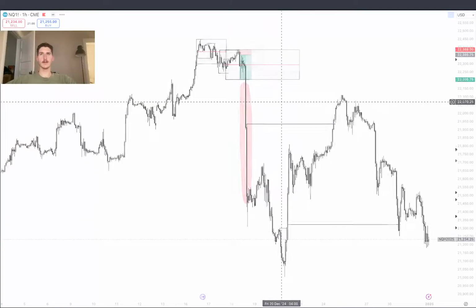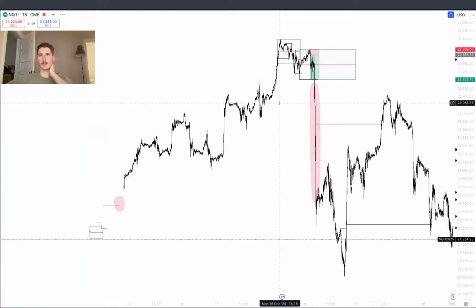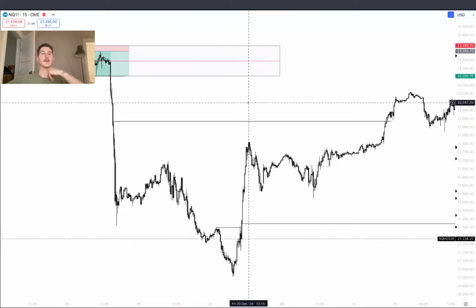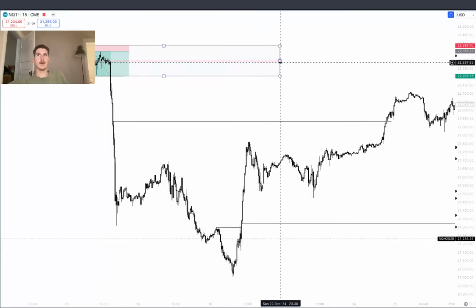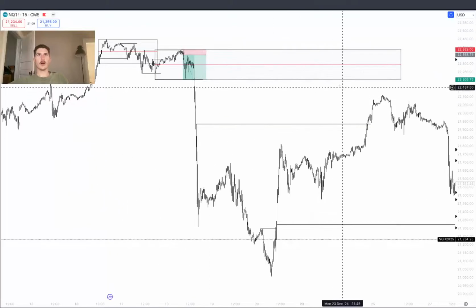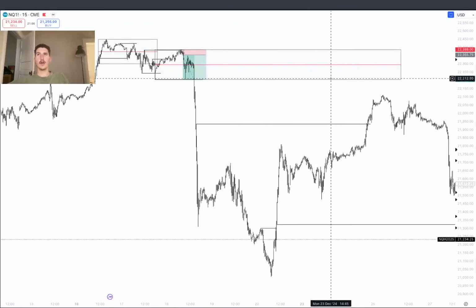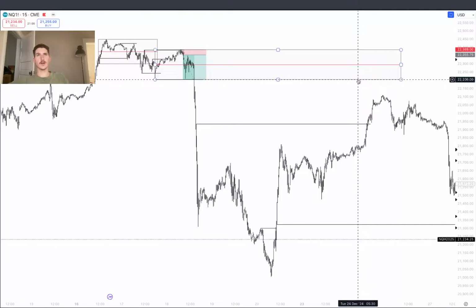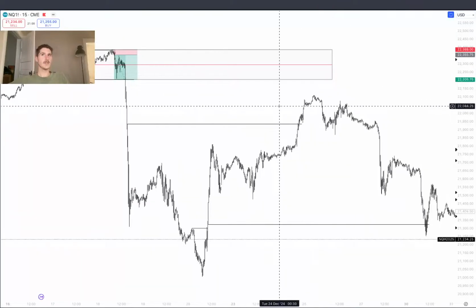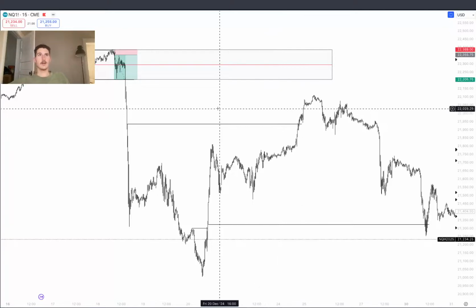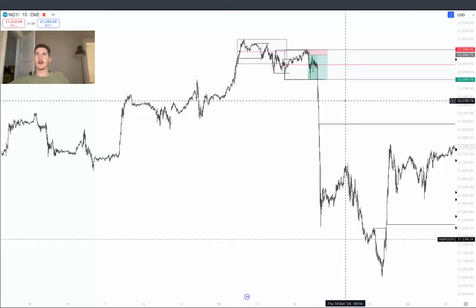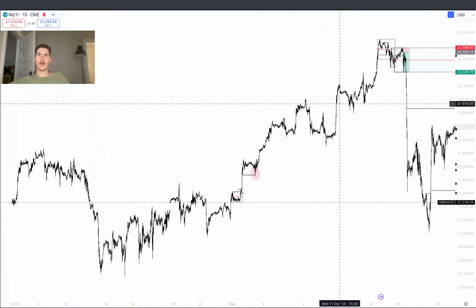This is more along the lines of the example that I told you guys in the basic market structure trade model video, where I said you're either going to go up to the 50% of this, or you're not going to go into it at all, and anything between entering into this and the 50% is sort of like no man's land. This is more of an example of that, I would say. So that pretty much wraps it up.